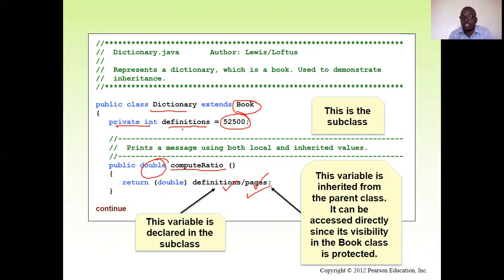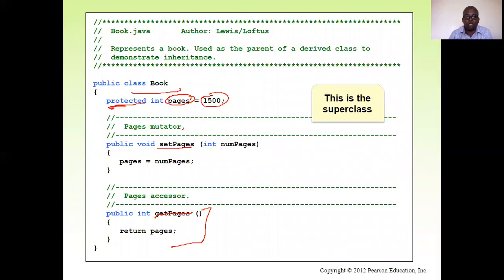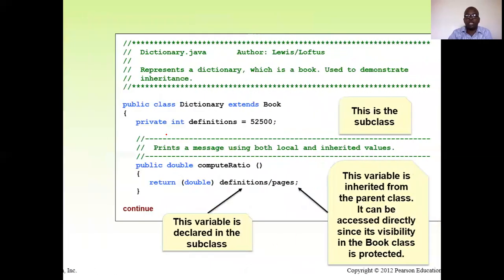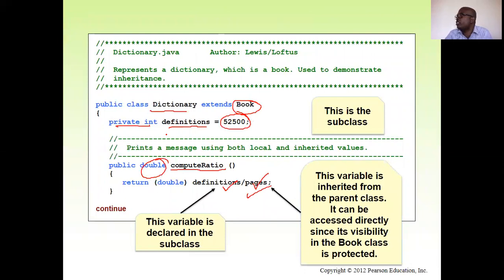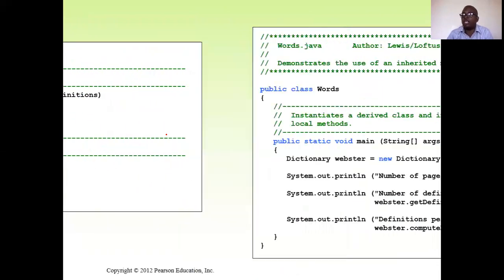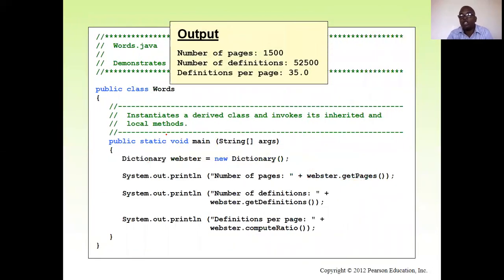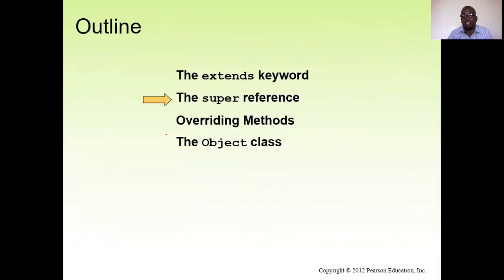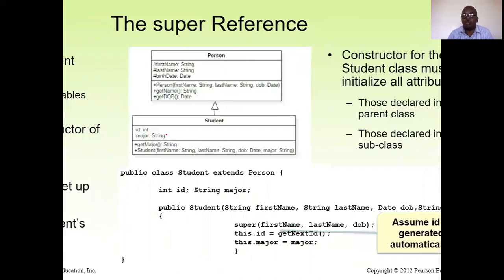Now what happens is that I don't need it, because my book doesn't have a constructor. Notice I have only mutator and accessor. So I have no constructor. When I go to dictionary, I don't need the super reference, because Java automatically invokes the null constructor once that is so.